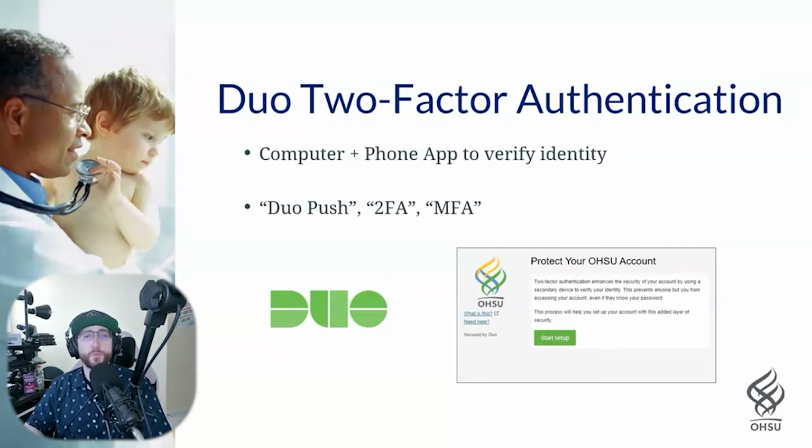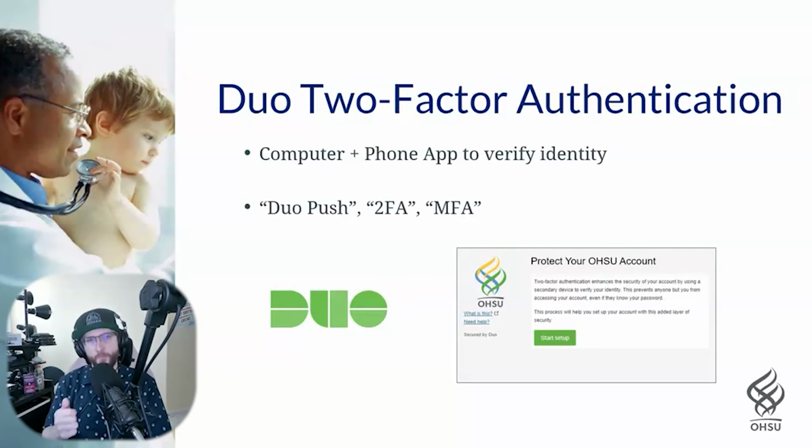If you have an issue with loading Duo onto your personal phone, there are ways around that. I shouldn't say ways around that. We can get you a different kind of device that will still give you the multi-factor authentication. But predominantly speaking, having it on your phone is very simple and very convenient.